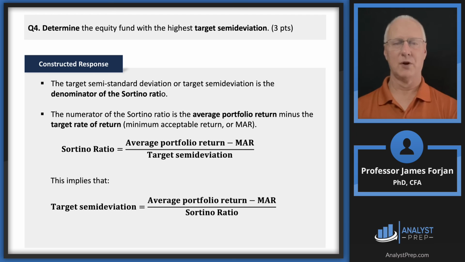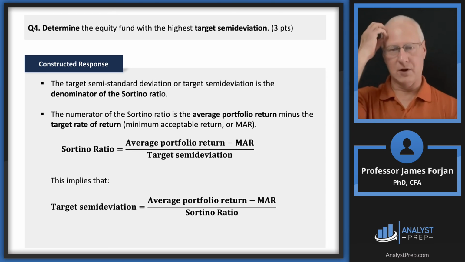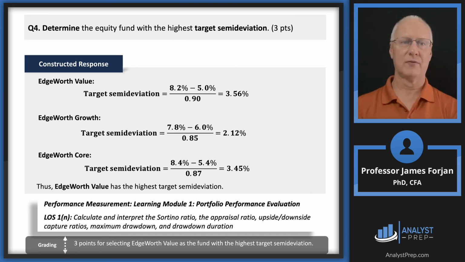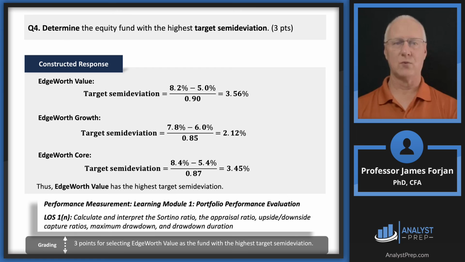Average portfolio return minus that minimum return divided by the target semi-deviation. So we just rearrange all of that stuff. And so there you go. You can do the math quickly to solve for the target semi-deviation. So EdgeWorth has the highest of the 3 target semi-deviations.